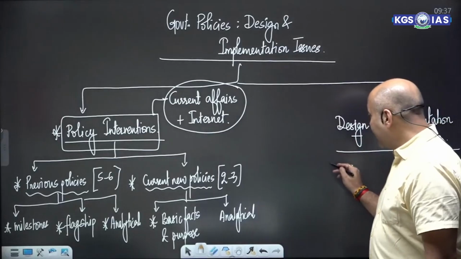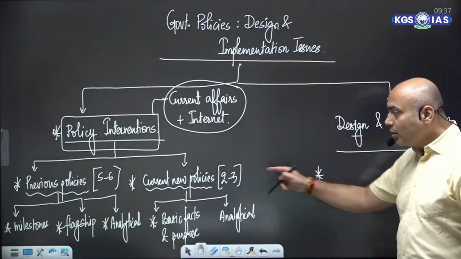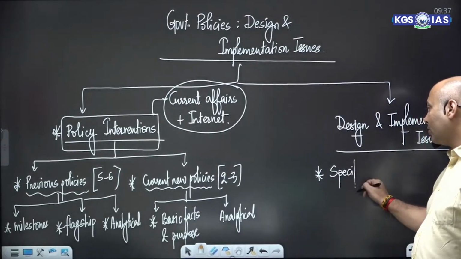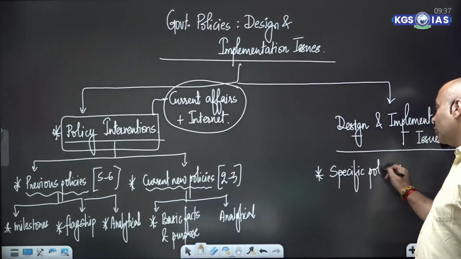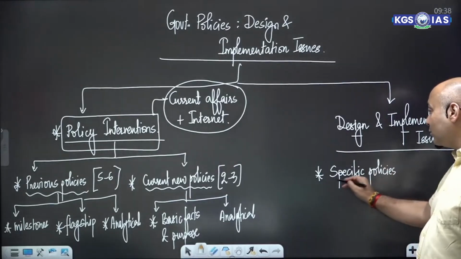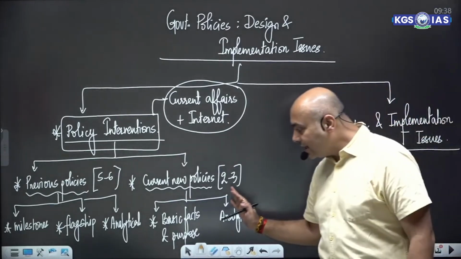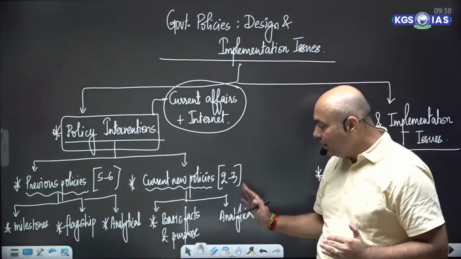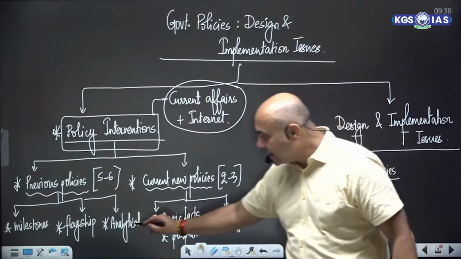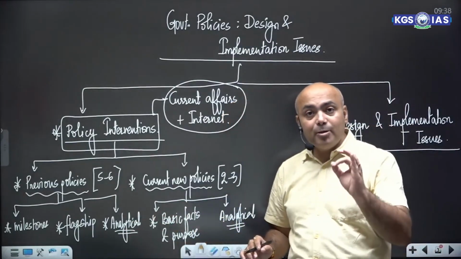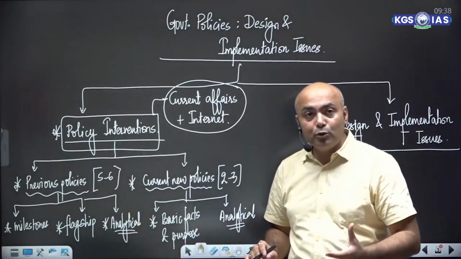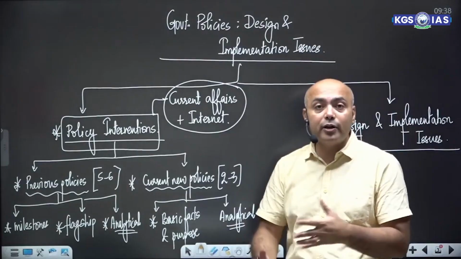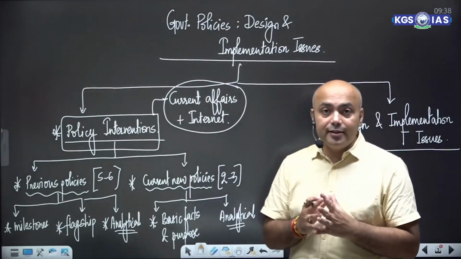अब देखो, when you take up a specific policy, जो स्पेसिफिक पॉलिसीज का डिस्कशन होगा, इस डिस्कशन में आपने ये देखा होगा कि ये कवर्ड होगा. In the analysis part, specific policies, what may be the issues related to that policy, what are the reasons why those policies have not succeeded or are not considered a very good policy.